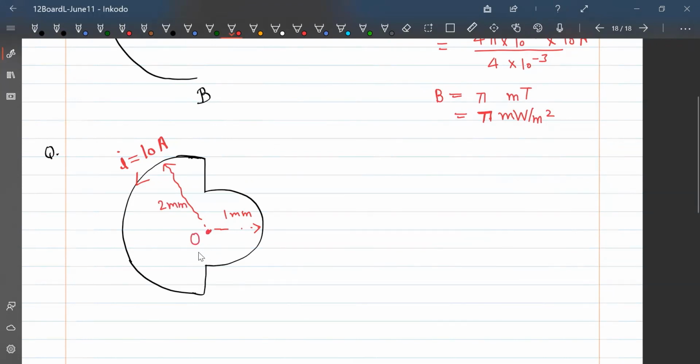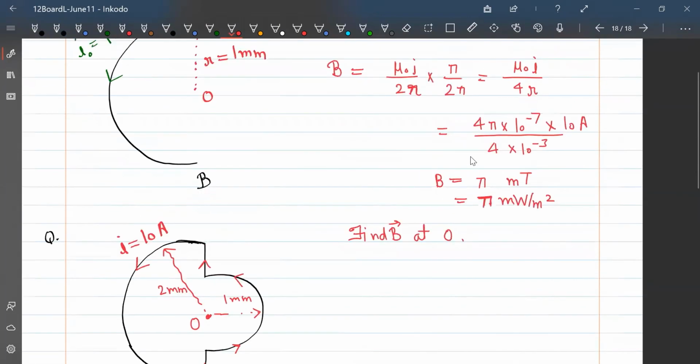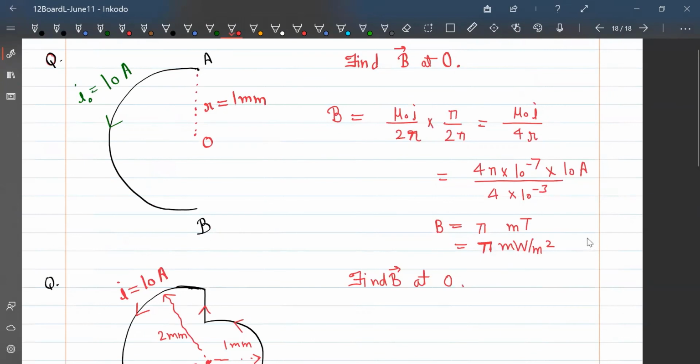This O is the center of both the circles. So current goes like this, here, here, here, like this. Find magnetic field at O. So direction here, it will be out of the plane. So here direction will be out of the plane.